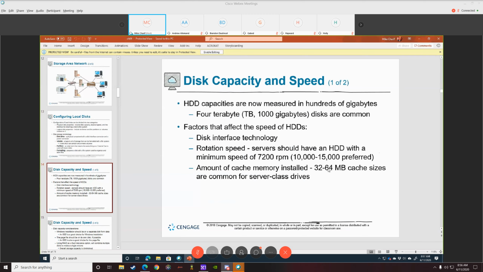Some had speeds of 5,000-something. The other factor you need to look for is cache. The amount of cache memory installed, 32 to 64 megabytes of cache, is common for server-class drives.